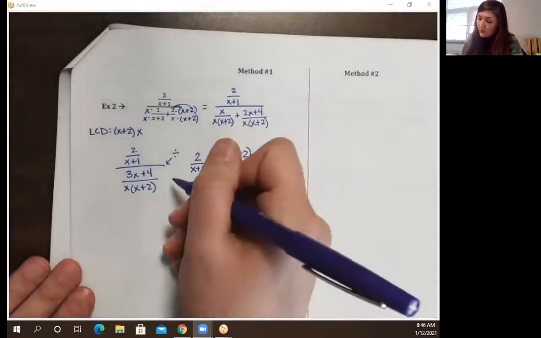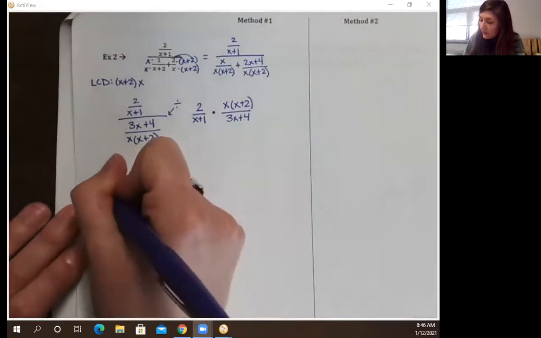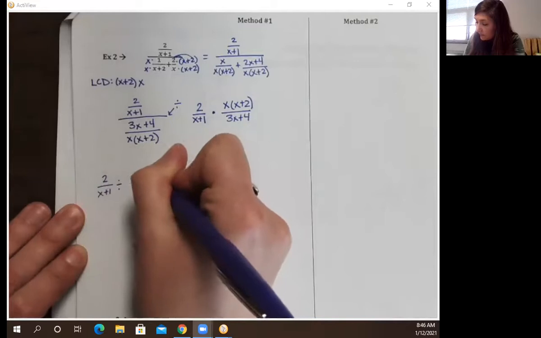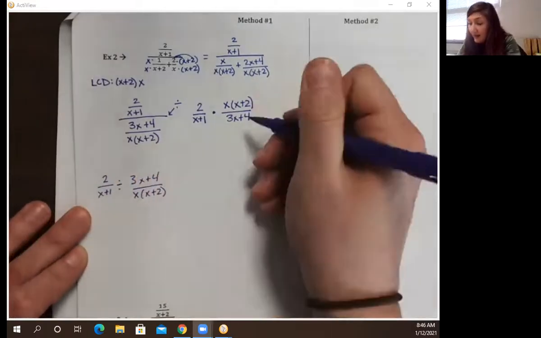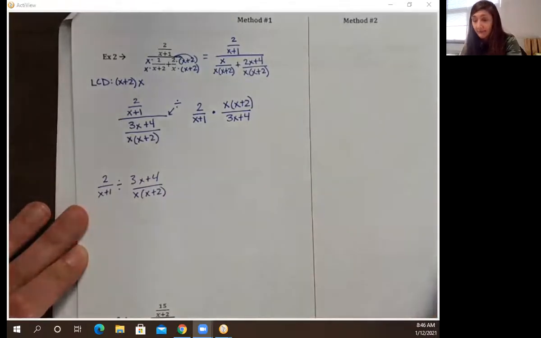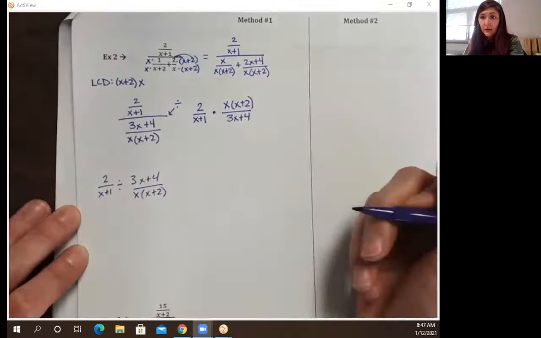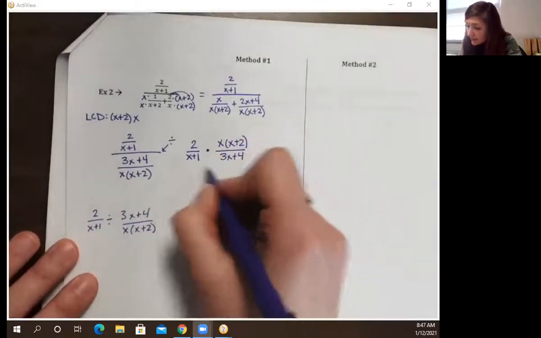If it helps you to write this out as that division step, so if you need to write out 2 over x plus 1 divided by 3x plus 4 over x times x plus 2, and then flip to this, that's fine. Okay, so if you need to write this step of work so that the flip makes sense to you, write that step of work, that's fine. We're going to end up here.